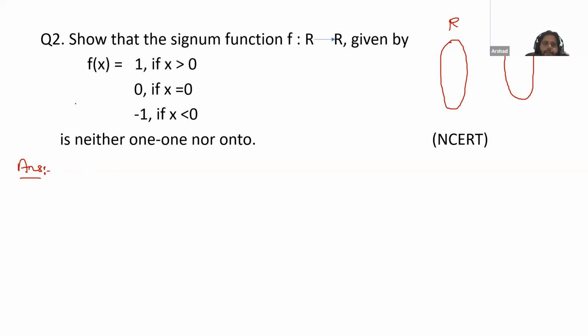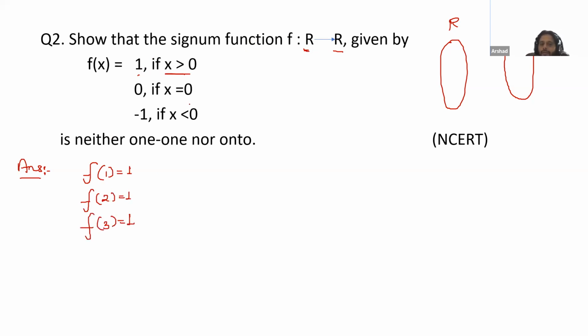Okay, please analyze this function. What is meant by this? The function is from R to R. So the first set is R, the second is also R. Next, it is a real number. But check what they are saying. If you put any value greater than 0, then the answer will be 1. If you put 1, the answer will be 1. If you put 2, the answer will be 1. If you put 3, the answer will be 1.